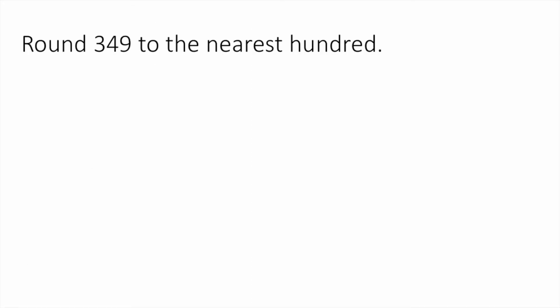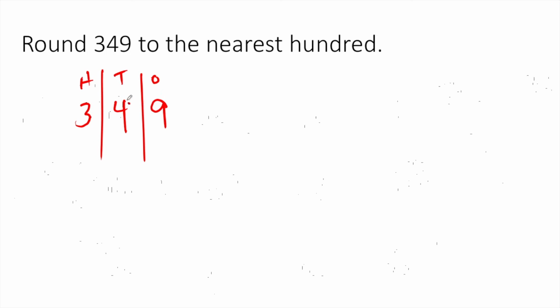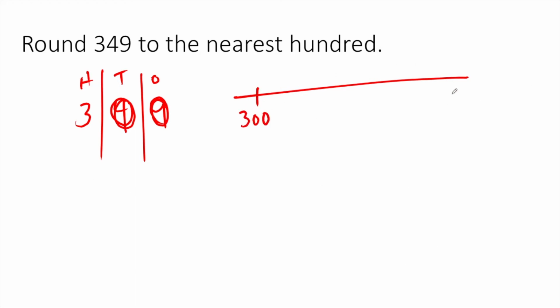Now it's our turn. We're going to round 349 to the nearest 100. Step 1, put our number in a place value chart. Now in this case, our number's already drawn to the 100, so we don't have to redraw another place value chart. We just know these smaller place values are zeros. The low 100 is 300, and the high 100 is 400. Now what is right in the middle? What is halfway between 300 and 400?